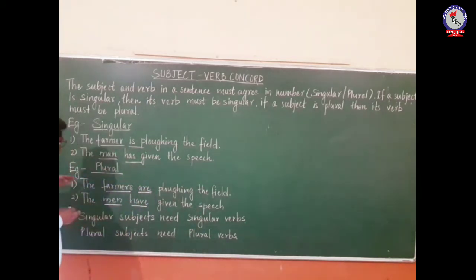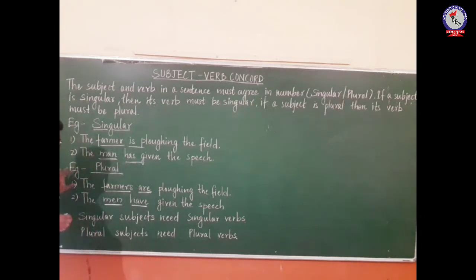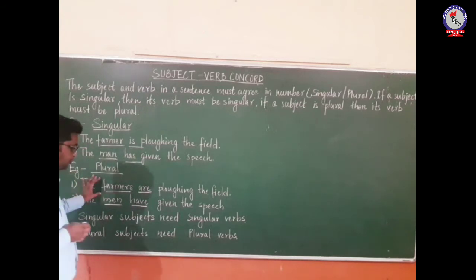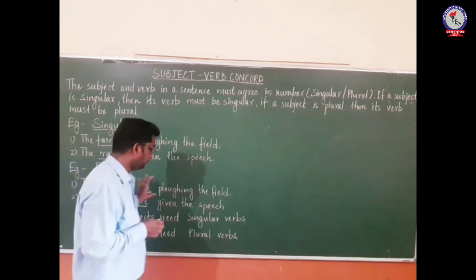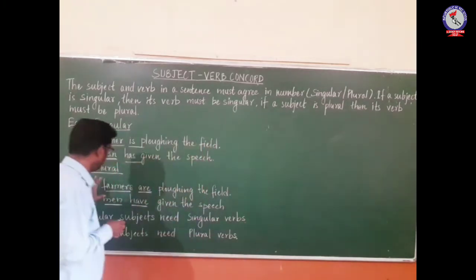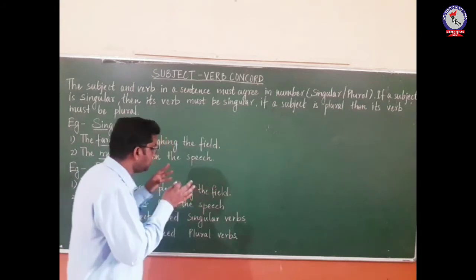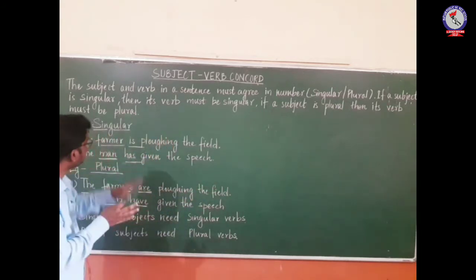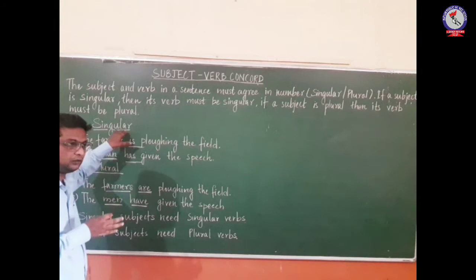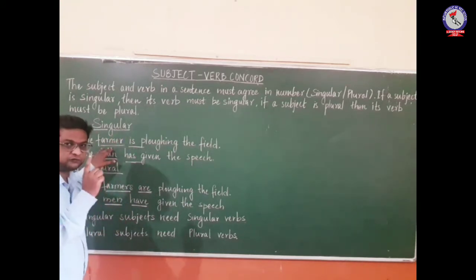Now see the example of plural number. The farmers are plowing the field. Here you see the difference. In the singular number, we have only one farmer, a single farmer.